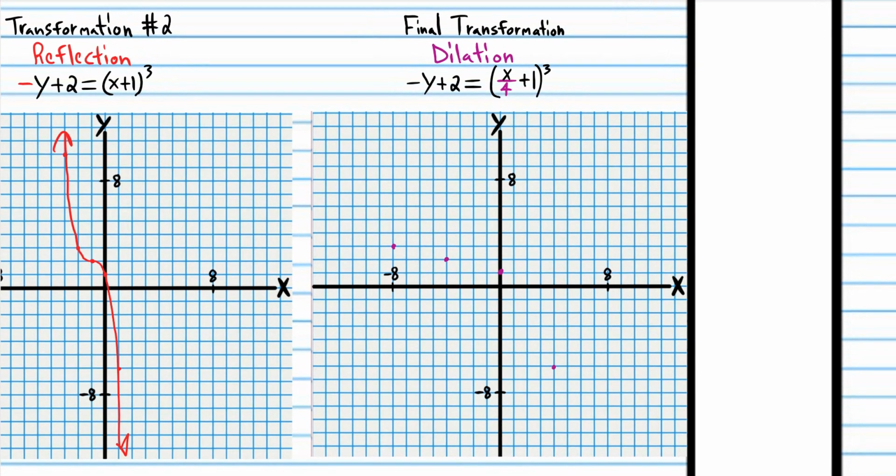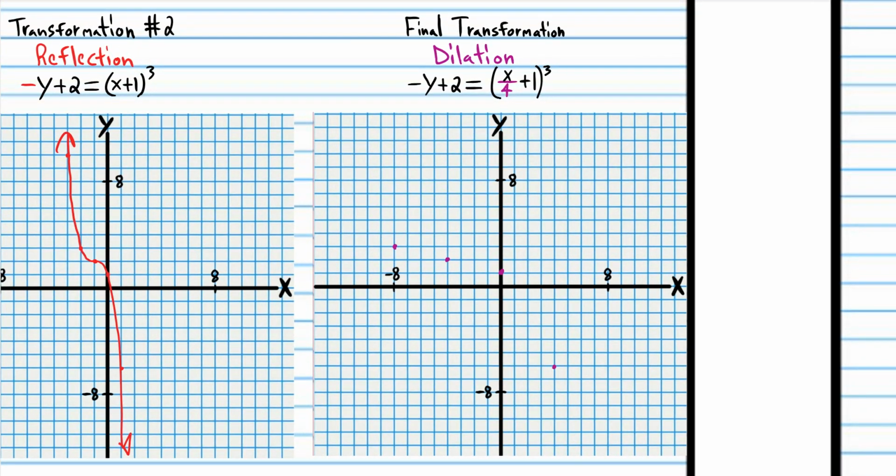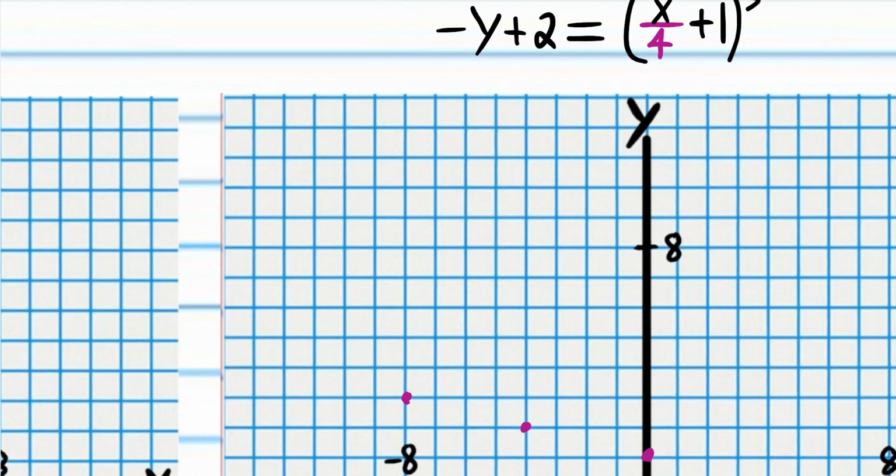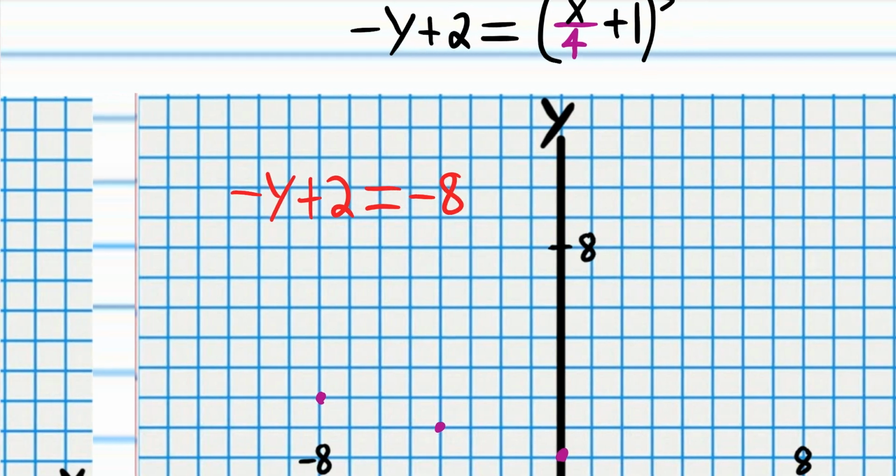So let's plug in negative 12 for x. So negative 12 divided by 4 is negative 3. Negative 3 plus 1 is negative 2. Negative 2 cubed is negative 8. And so then we have negative y plus 2 is equal to negative 8.